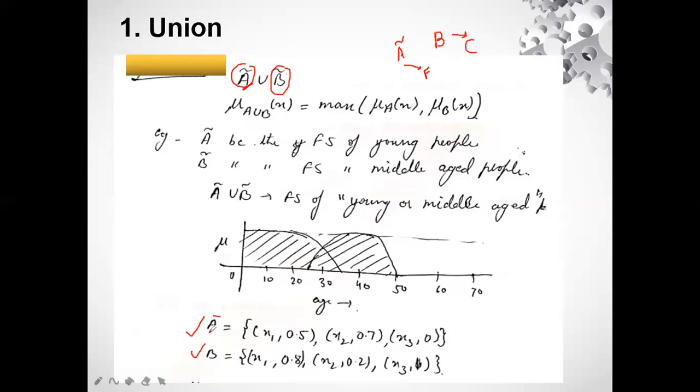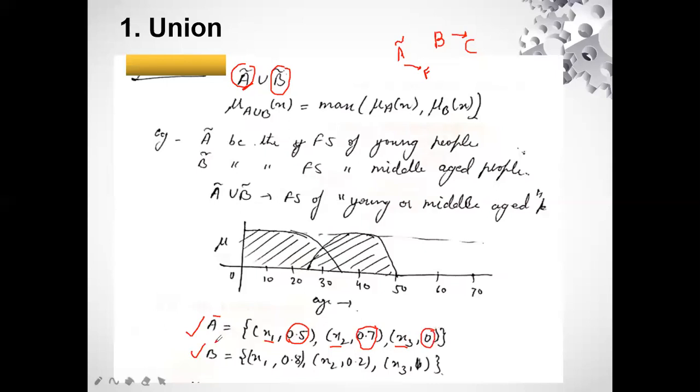Now see, this is given as A, a fuzzy set. What does it say? It has three elements: x1, x2, and x3. These are the three elements of fuzzy set A. And what are these values? For x1, the degree of membership function is 0.5. For x2, the degree of membership function is 0.7, and for x3 the degree of membership function is 0.